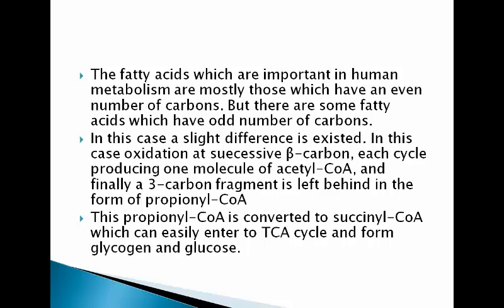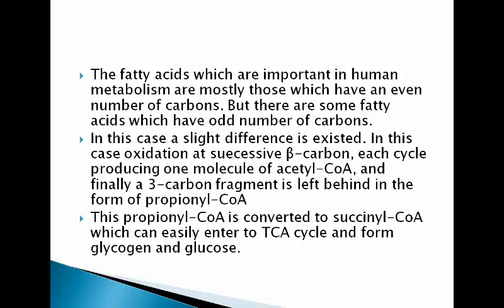and that is propionyl-CoA. And this propionyl-CoA is converted to succinyl-CoA, which then enters into the TCA cycle and forms glycogen or glucose. So mostly in human beings, the fatty acids which are important regarding metabolism are even number containing fatty acids.